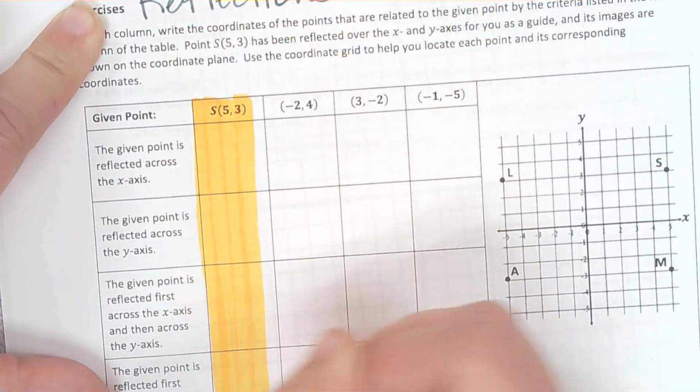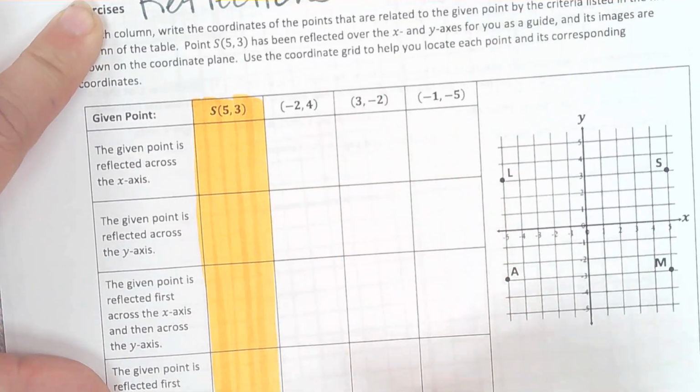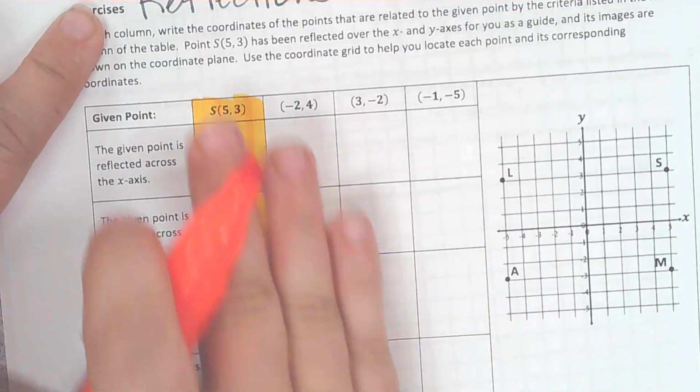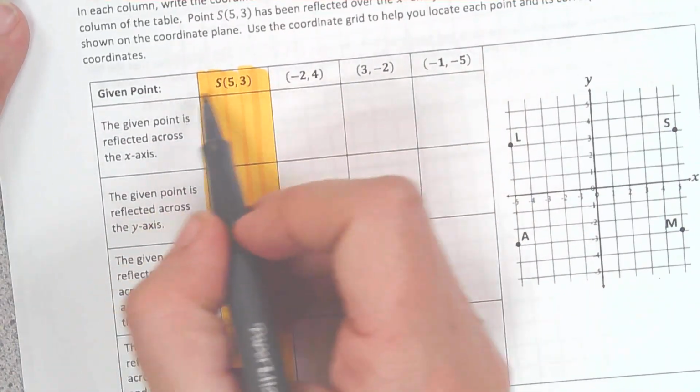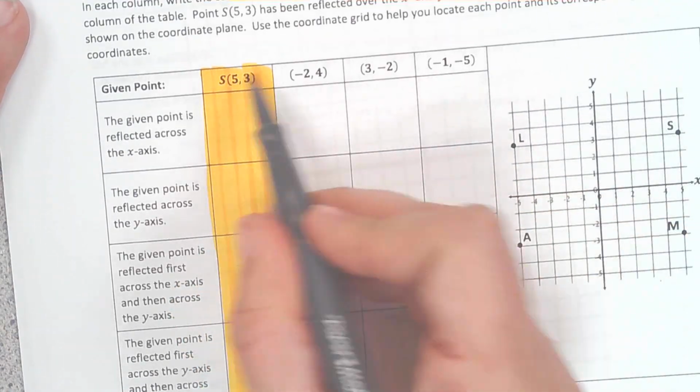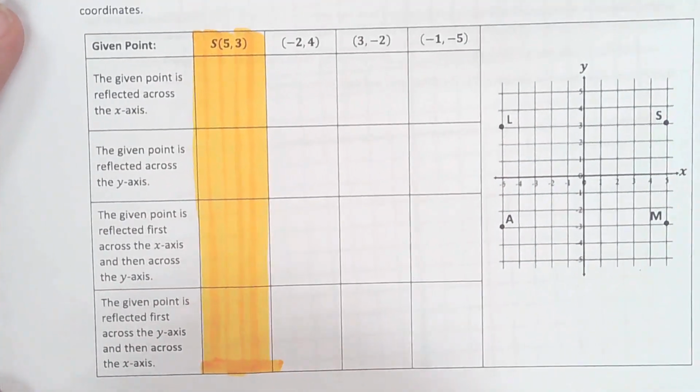This is where we're working right now. Am I worried about any of those other points over here off to the right? No. Okay. So it gave us a given point, S(5, 3). Go find S(5, 3) and make sure they did do it right.